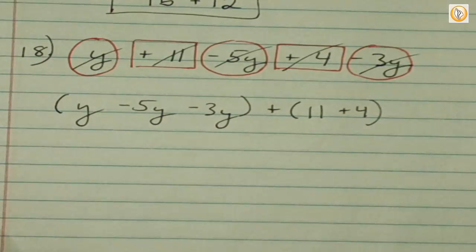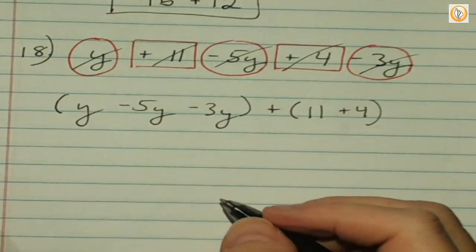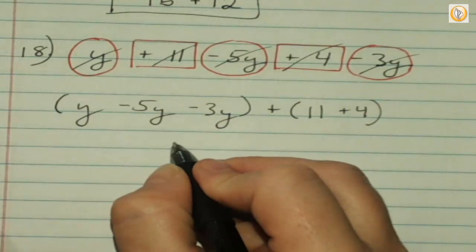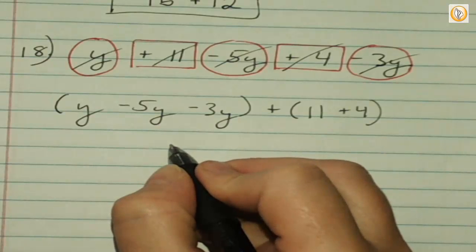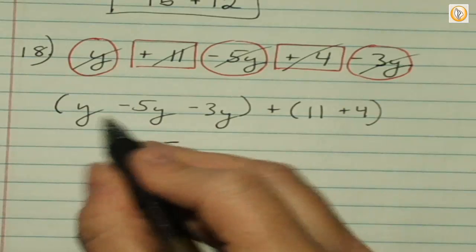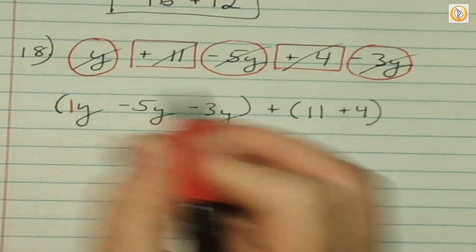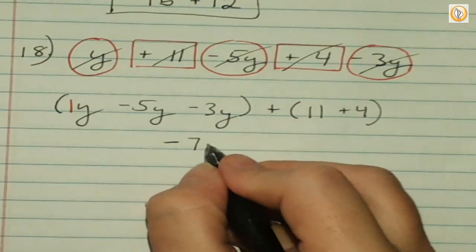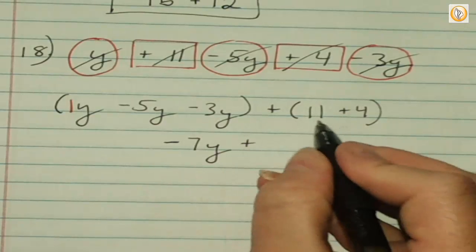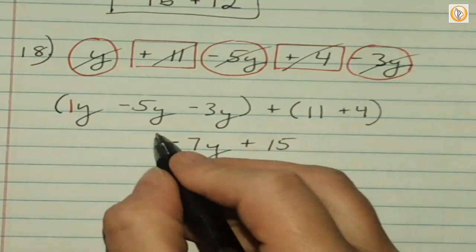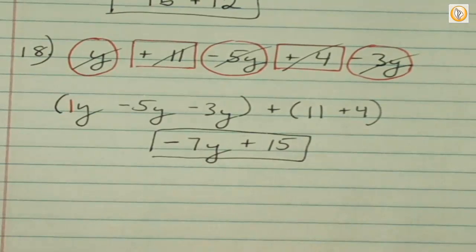Negative 8y. Close. It's negative for sure. Remember this is a 1. Oh, negative 7y. There you go, negative 7y plus, what's 11 plus 4? 15. Any questions?